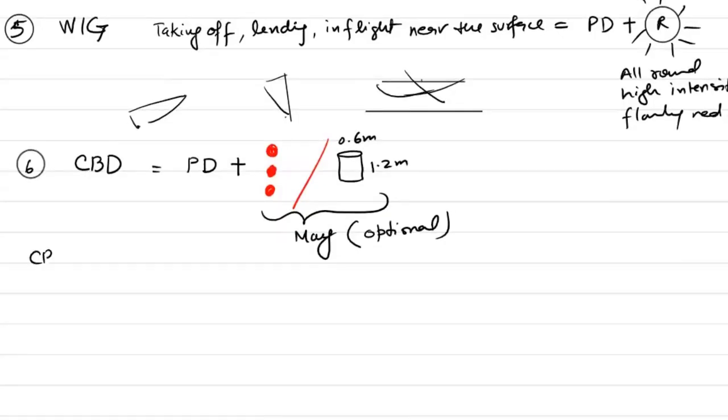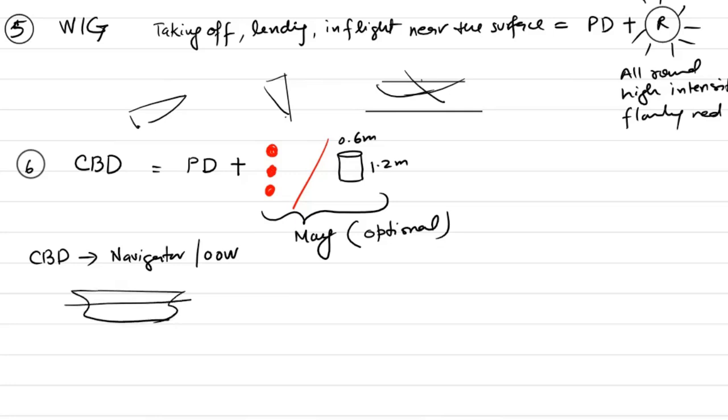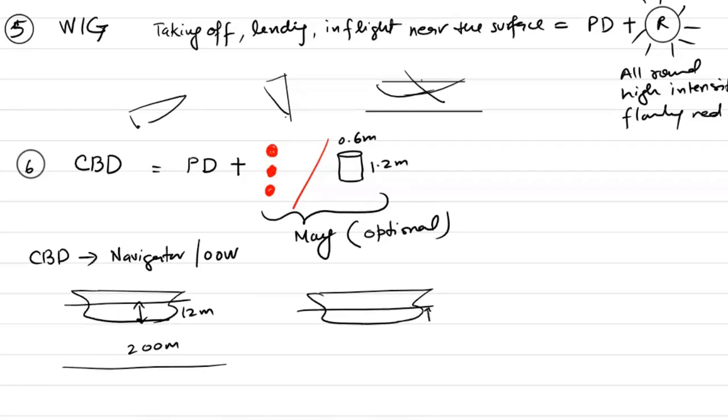Who decides CBD? The navigator, or we can say the OOW decides that my vessel is CBD. For example, this is your vessel, the draft is 12 meters, a big vessel, but the depth is 200 meters. Then there is another vessel where the draft is 8 meters and the water is only 5 meters.